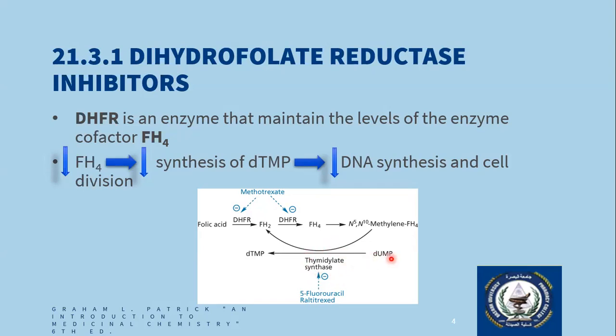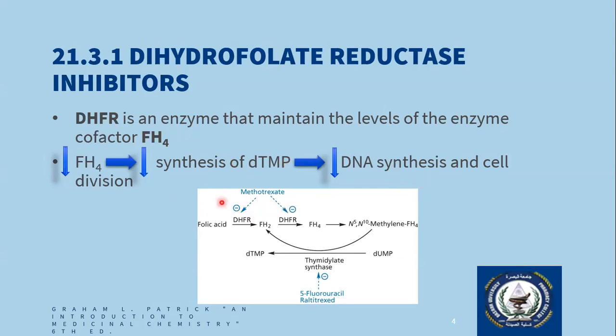This enzyme will convert deoxyuridinyl monophosphate to deoxythymidine monophosphate. As you can see from this figure, the reduction of the amount of tetrahydrofolate will lead to decreased synthesis of deoxythymidine monophosphate, which eventually will stop the DNA synthesis and cell division, right?